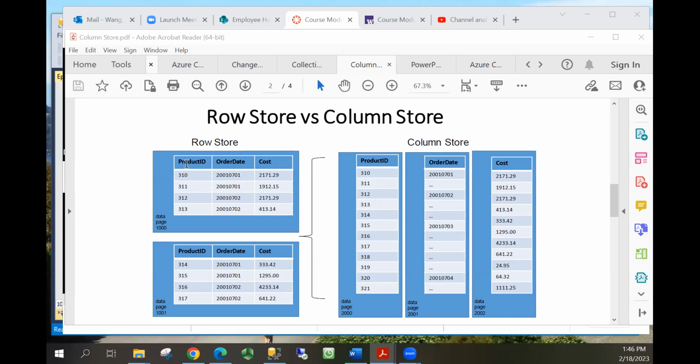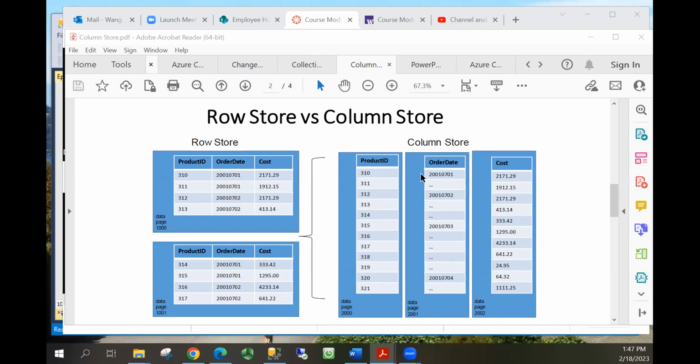You see, we have product ID for each product. We have order date and the cost, right? So each record has 3 columns. If we have row store, the data is stored on hard drive in storage like this. When the data is read into the memory, this is the format as well.